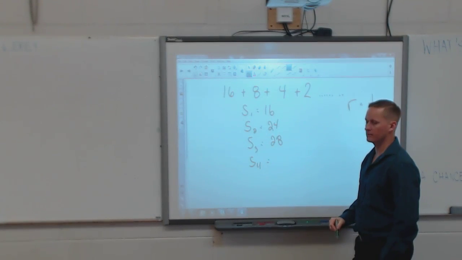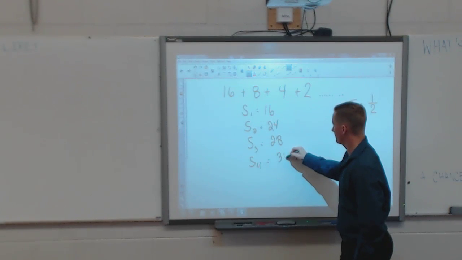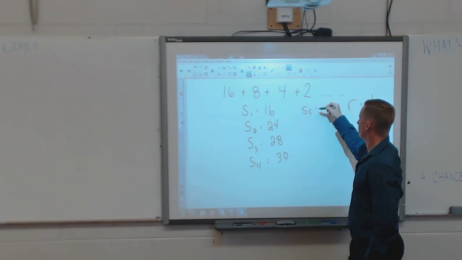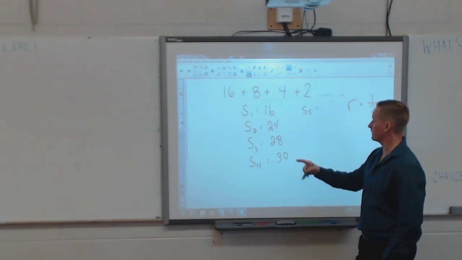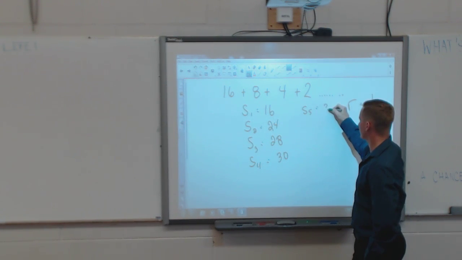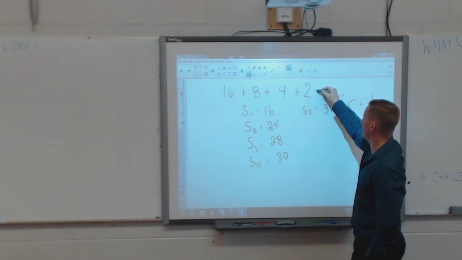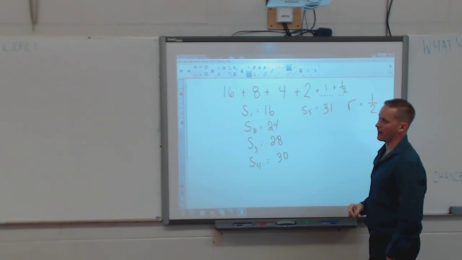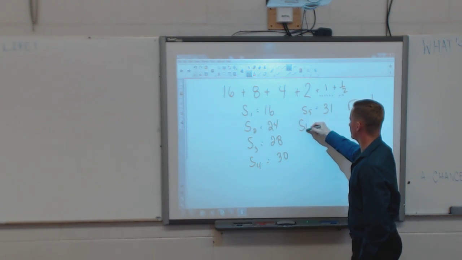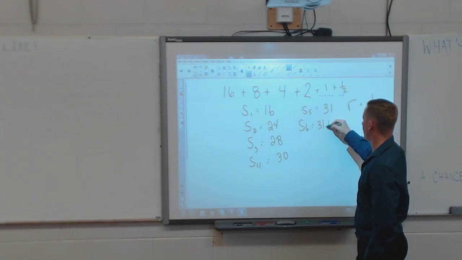First 4 terms? 30. What's the 5th term going to be? That's going to be 31, because the 5th term is 1. And then we go to 1/2 next, so S6 is equal to 31.5.